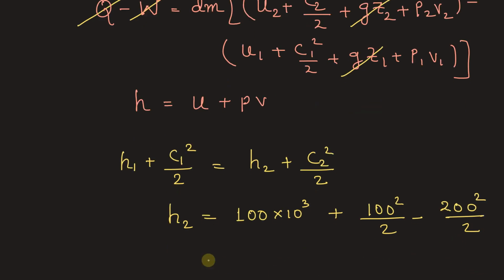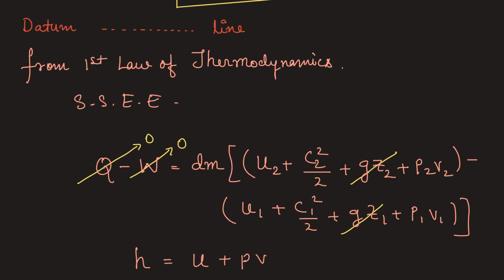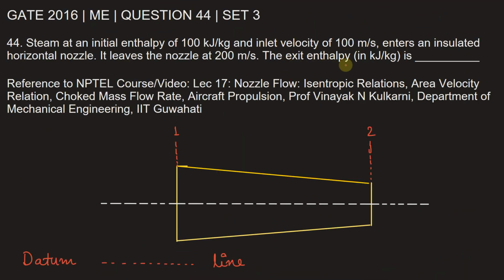So from here we get H2 will be equal to 85,000 joule per kilogram, which is 85 kilojoule per kilogram. So the exit enthalpy will be 85 in kilojoule per kilogram.